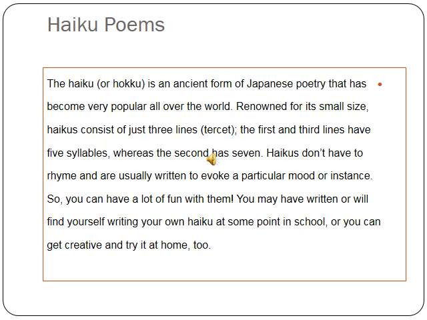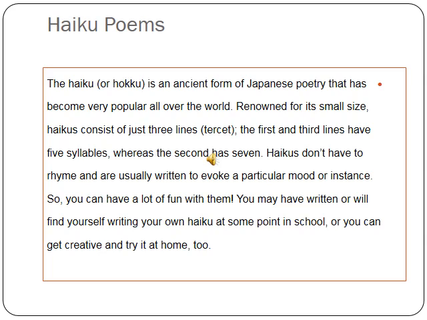So the most important thing is that haiku is ancient, from Japanese poetry, and has become popular all over the world. It's very small, consisting of just 3 lines. And we should use syllables.